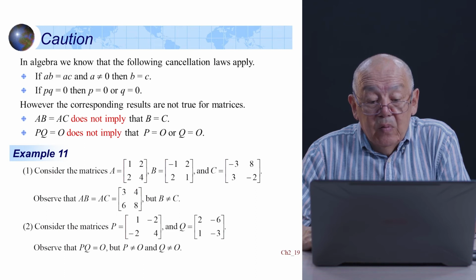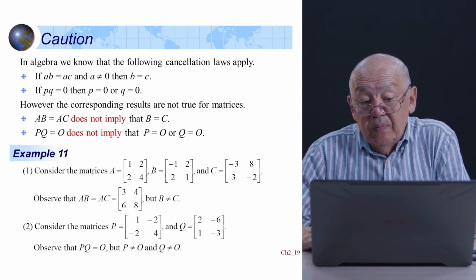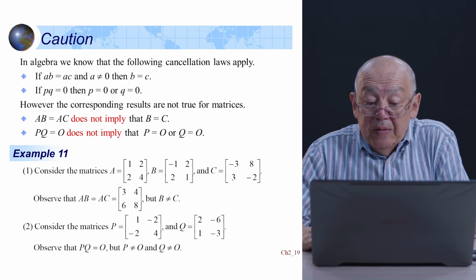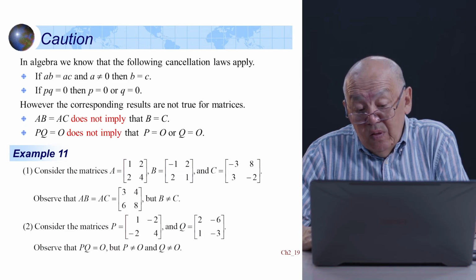And why the other rule is not true for matrices. Consider matrices P and Q. P is 1, minus 2, minus 2, 4. Q is 2, minus 6, 1, minus 3. Then multiply them.